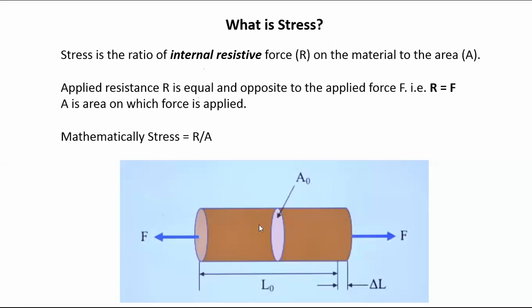Here the internal force will be exactly equal to the F. The resistive force R will be equal to the F, because there is no other force, and you know that where there is action there is equal and opposite reaction. So in this case the F will be equal to R.